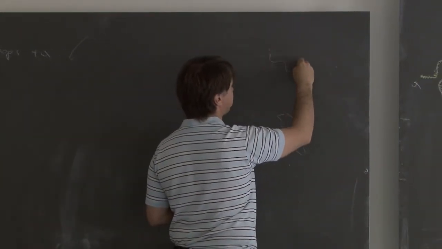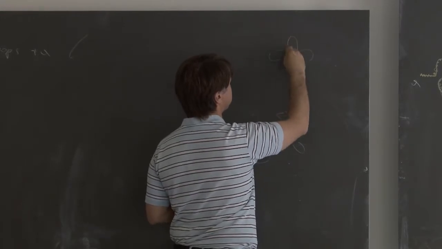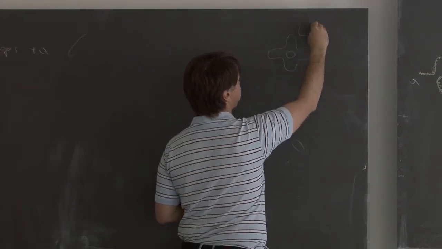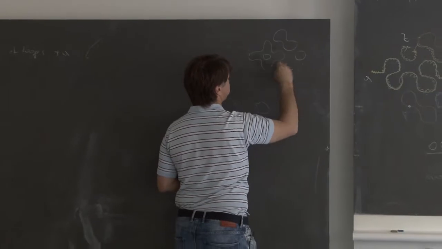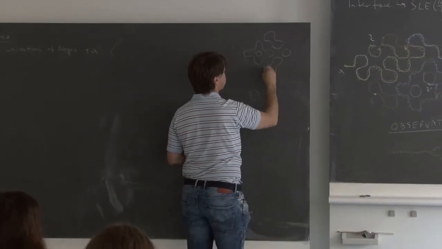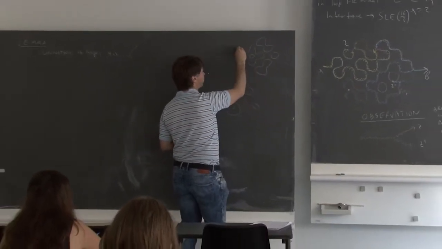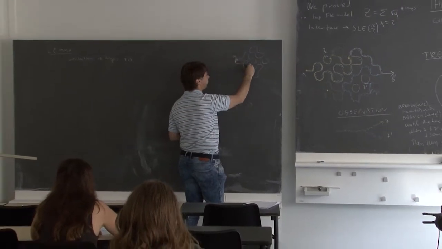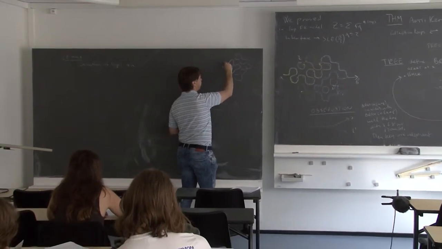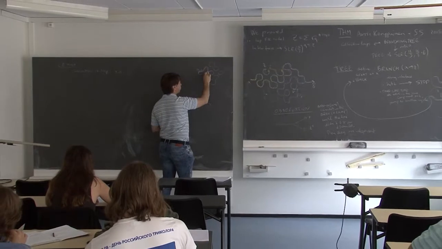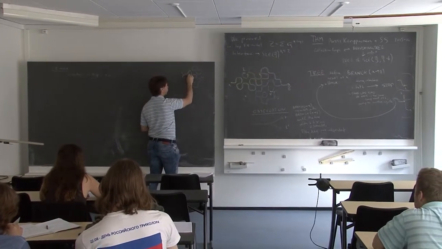You can start, for example, with a collection something like that, and just start with cutting this loop at point A and exploring from here. And then there is a unique way to cut loops and make it a tree.